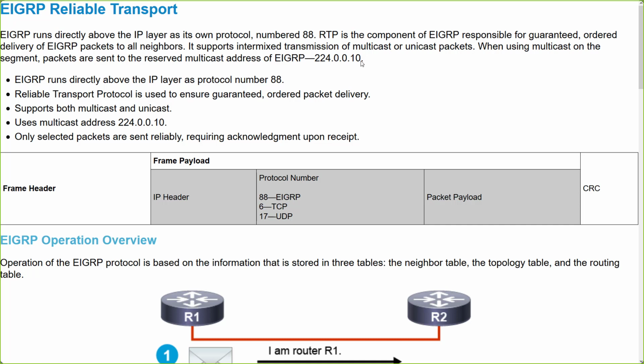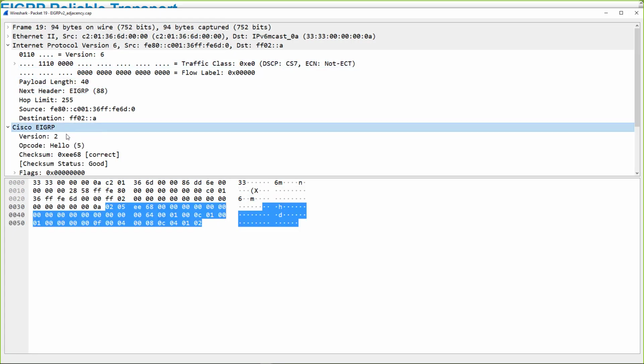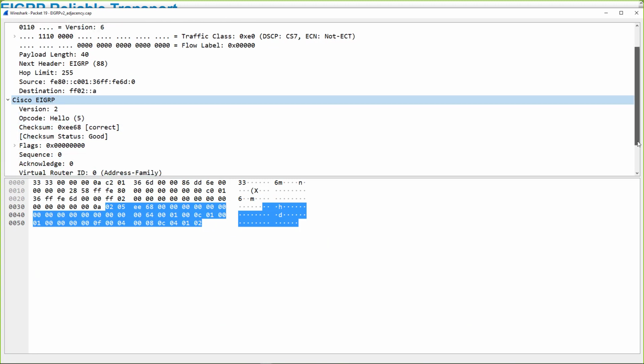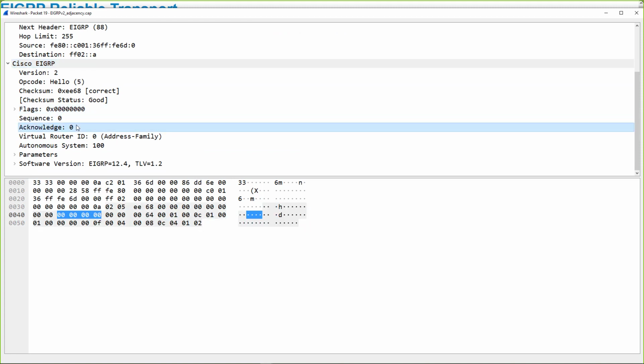That has to be built into the routing protocol, and EIGRP actually has that functionality built in. If I look at an EIGRP packet header, you will see that we actually have sequencing and acknowledgement numbers built into the packet header.